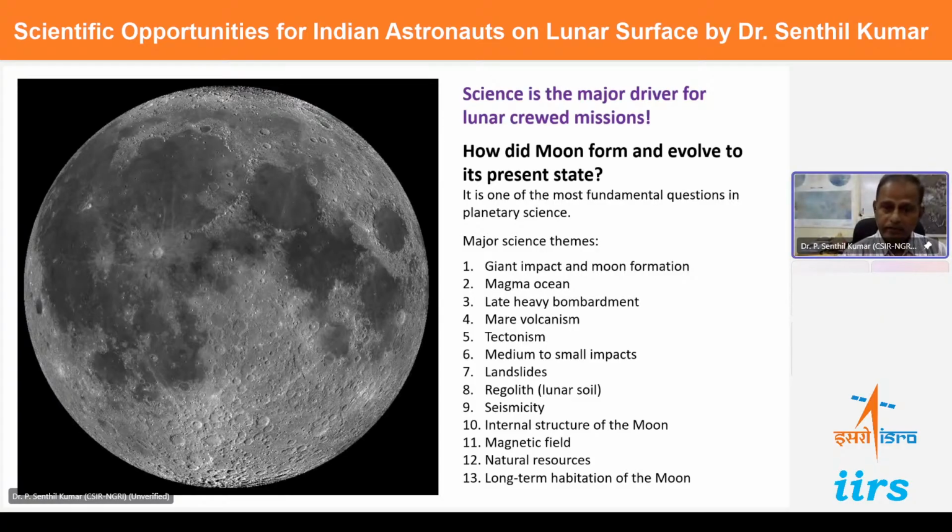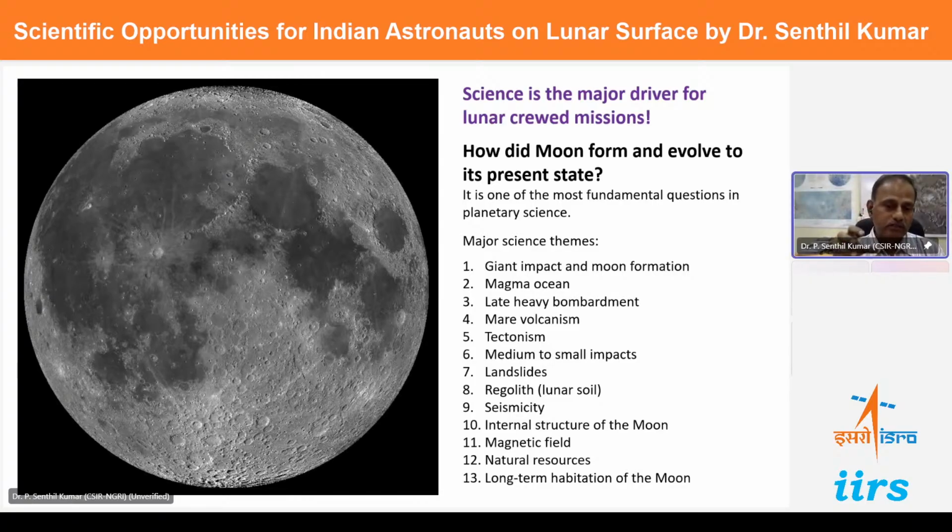The third, late heavy bombardment, volcanism, tectonism, then meteorite impacts, medium to small scale impacts, then landslides, debris flows. Then of course, the regolith, which is called lunar soil. How does lunar soil form? What is its importance?